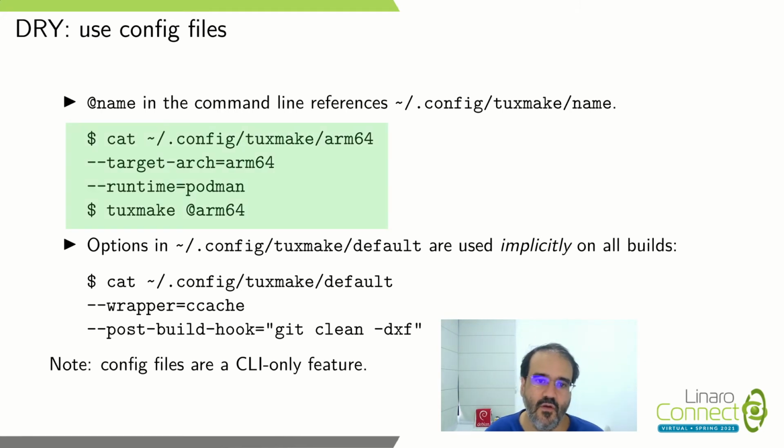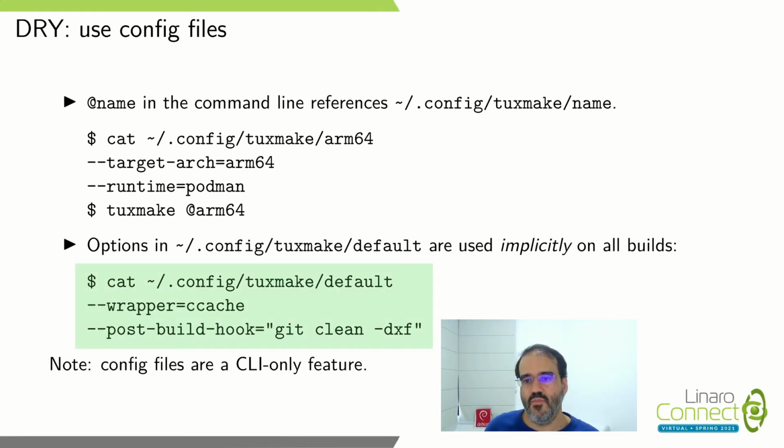So for instance, you can have an @arm64 configuration file that sets the correct arguments to do an ARM64 build, and then you don't have to repeat yourself every time. In this case, the configuration file sets the target architecture to ARM64 and also sets the runtime to podman, so you don't have to care about having a cross compiler installed. It will just get one from the TuxMake images. And there's a special case, which is the default configuration file that's used implicitly on all builds.